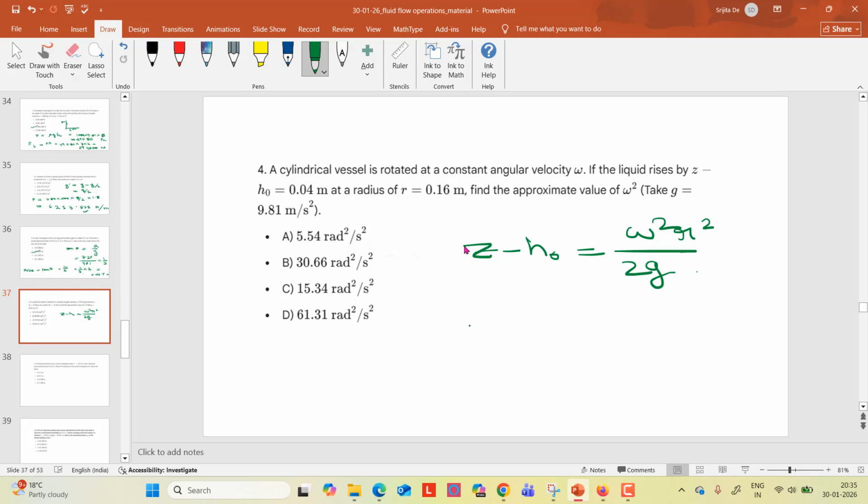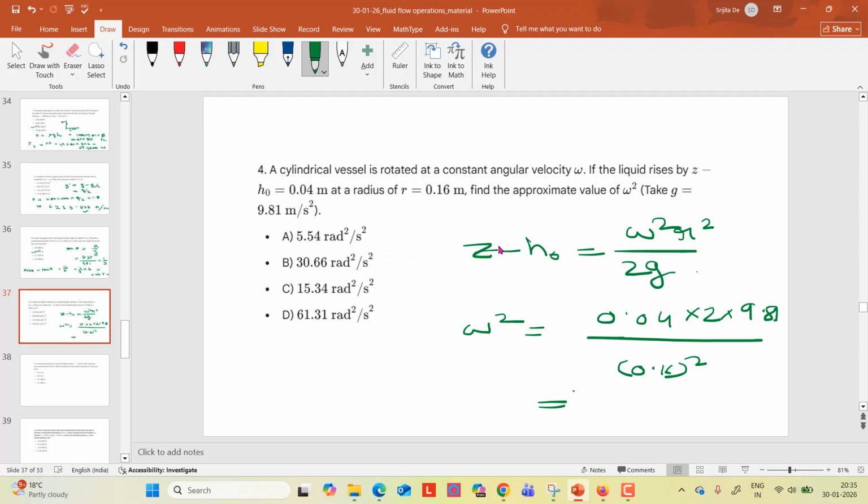Omega square will be z minus h0, which is 0.04, into 2 into 9.81, divided by 0.16 whole square.